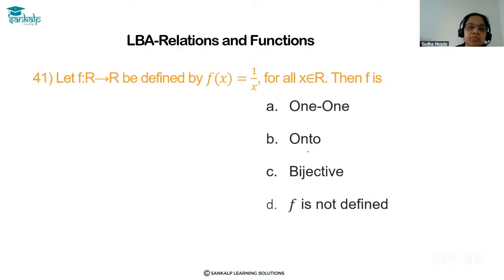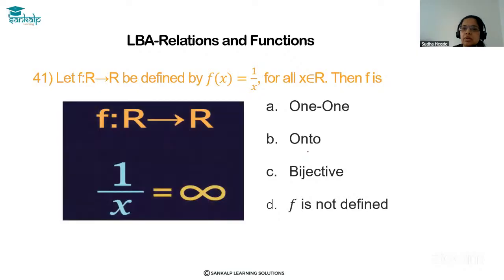Hi everyone. The question is, let f from R to R be defined by f of x is equal to 1 by x for all x belongs to R. Then f is, you need to check whether it is one-one, onto, bijective, or f is not defined. So the function is defined by f of x is equal to 1 by x.